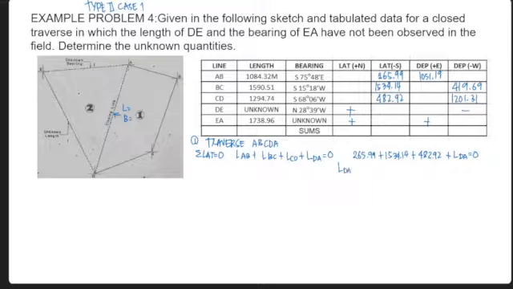So latitude DA is equals to negative 2,283.05 meter. So negative, therefore this is on the south.